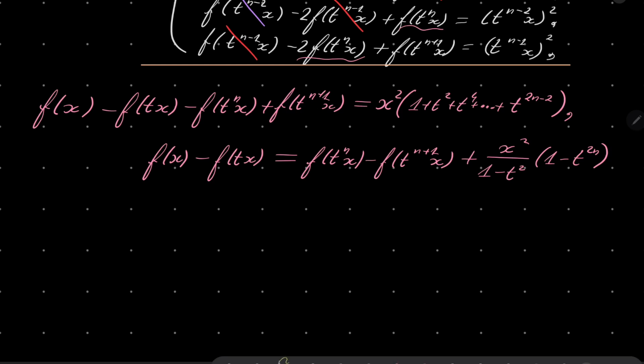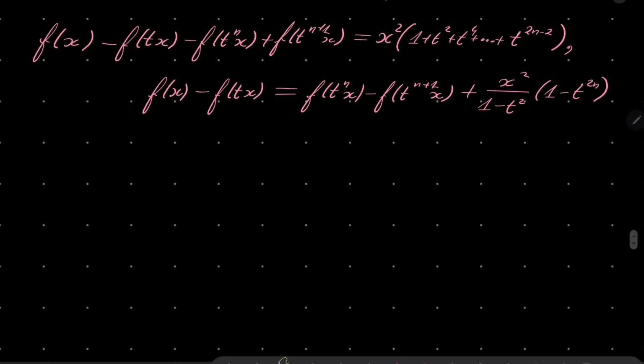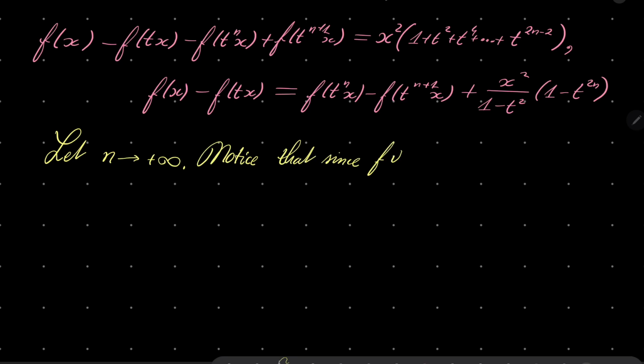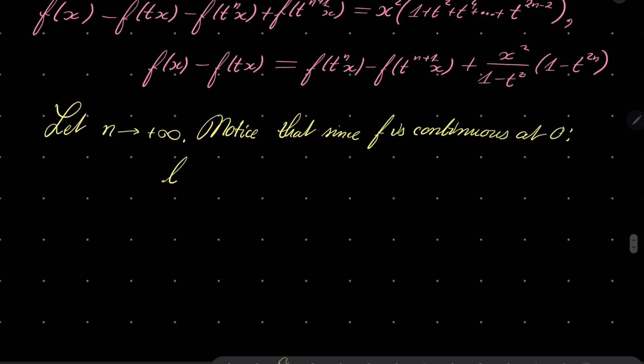Very well. Now let's take the crucial step. Now let's go to infinity. So let n diverge to infinity. Notice that since our function is continuous at 0, we have the limit as n goes to infinity of f of t to the n x.